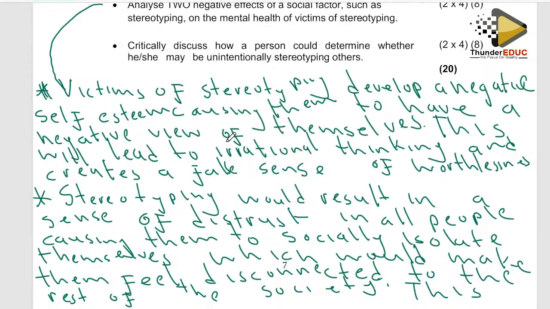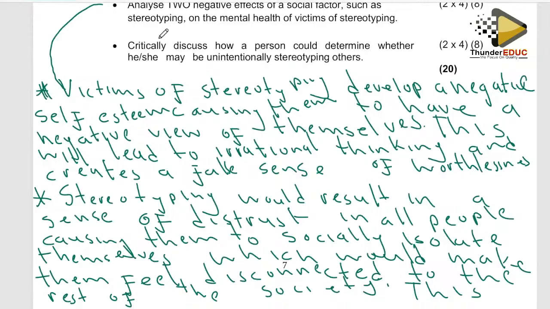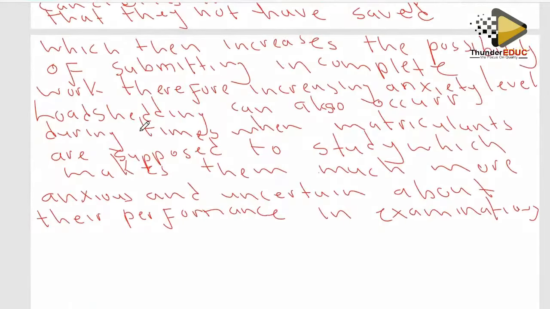Now, the next question reads, critically discuss how a person could determine whether he or she may be unintentionally stereotyping. How do you as an individual determine whether you're unintentionally stereotyping others? Let's go to the whiteboard.